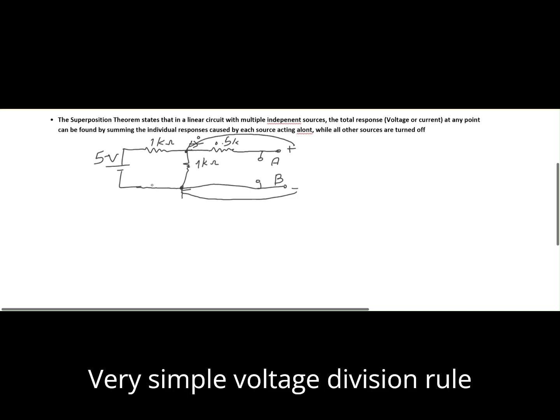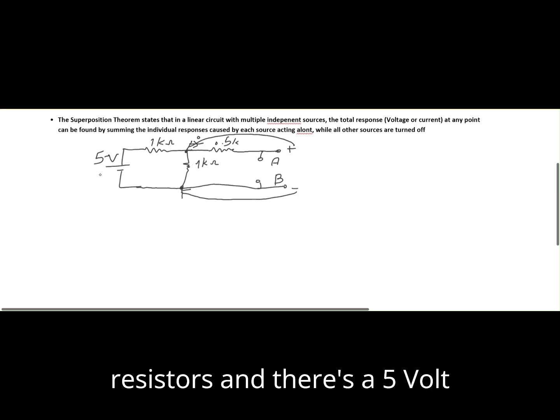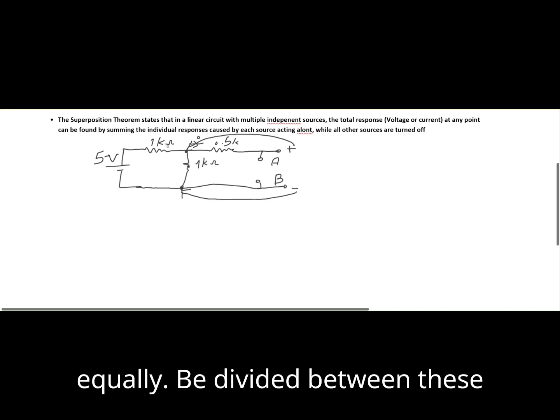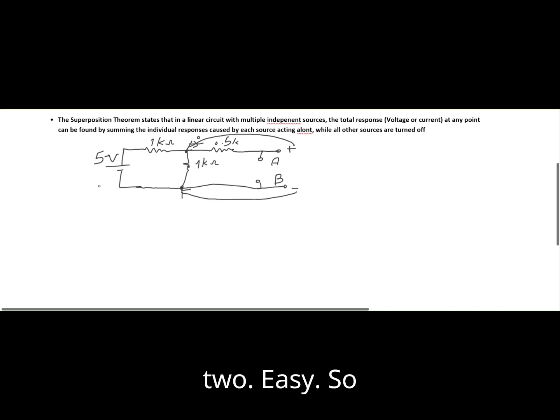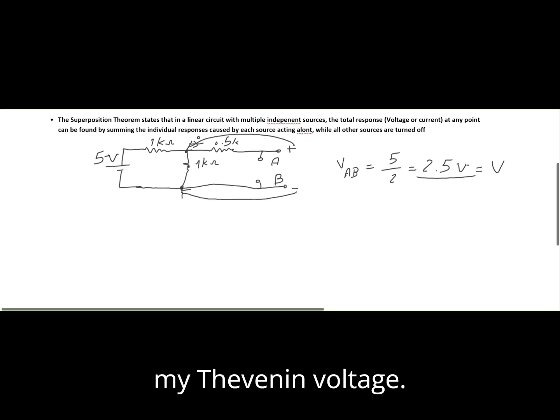A very simple voltage division rule tells me that I have two equal resistors and a 5 volt source, so the voltage has to be equally divided between these two. Easy. So the voltage of AB would be 5 divided by 2, or 2.5 volt. That's actually my Thevenin voltage. Easy peasy.